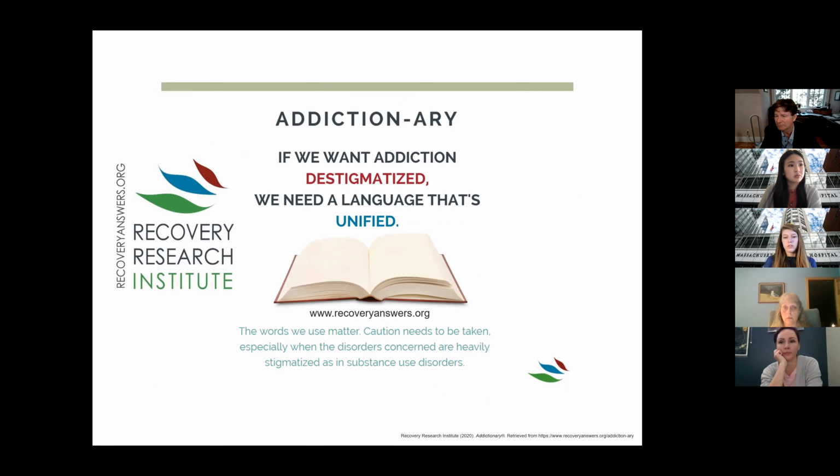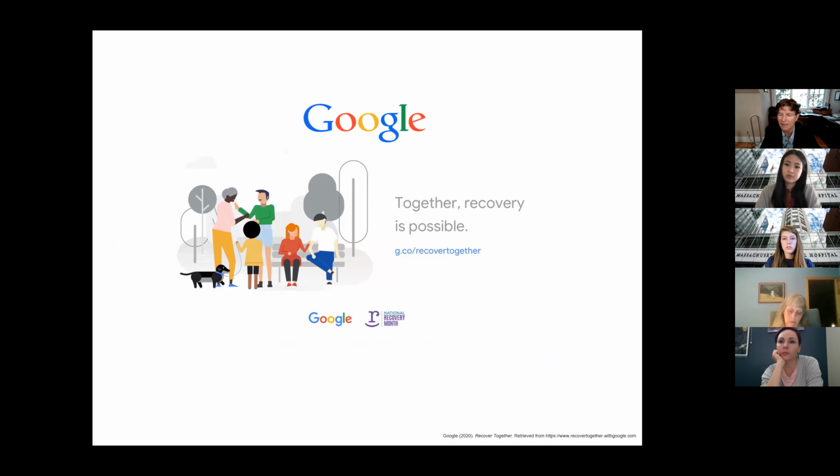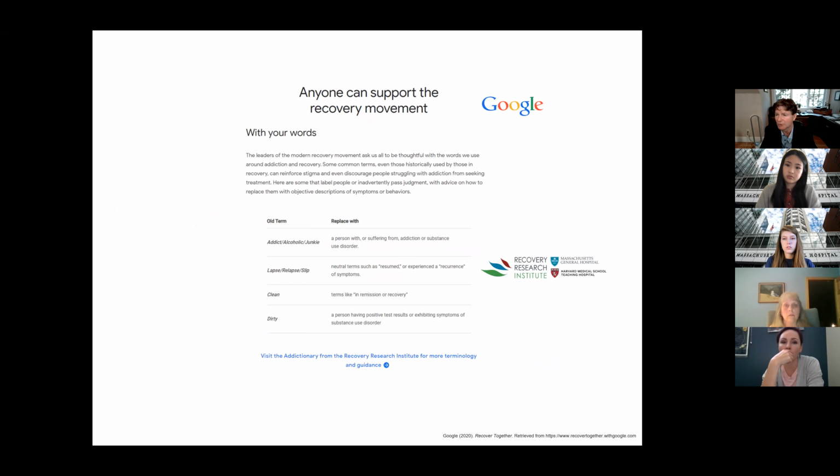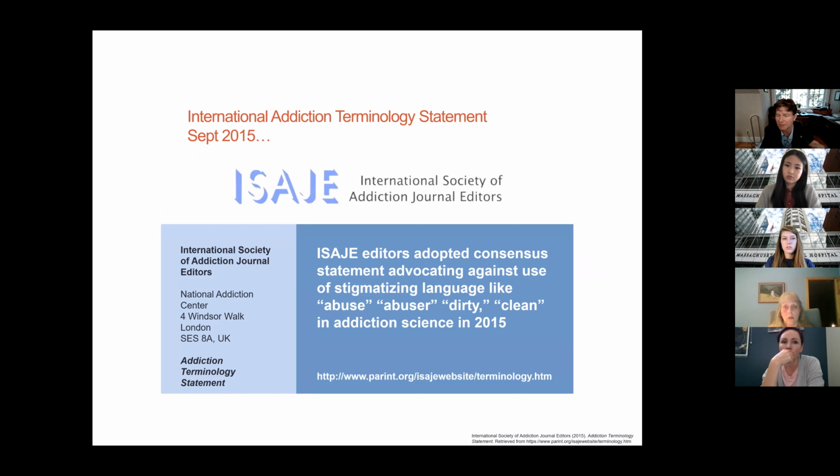We published a dictionary, trademarked it, and published it several years ago now. But I think if we want addiction destigmatized, we need a language that's unified and that also accurately reflects what we have learned about these conditions over the last 50 years, both in terms of cause and controllability. And this dictionary now has been adopted by Google, by the American Bar Association.